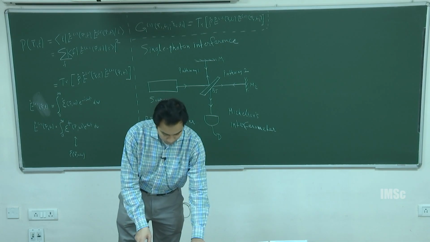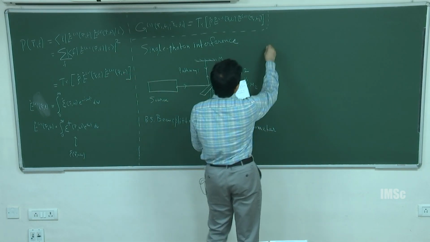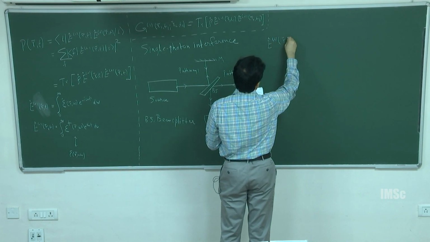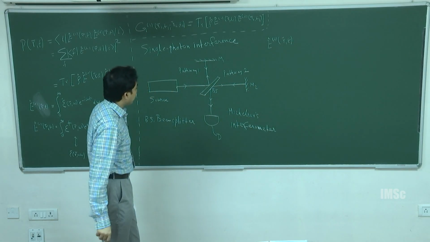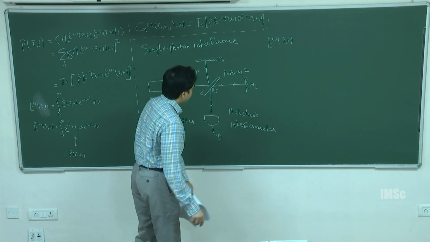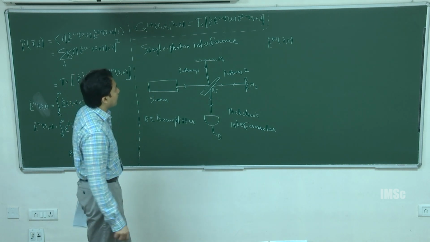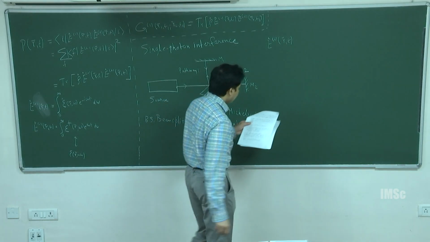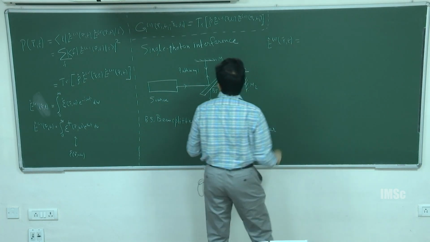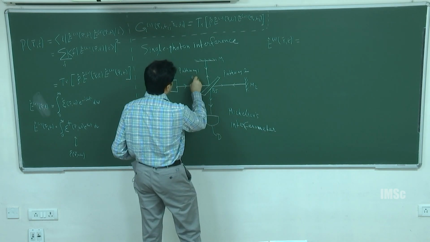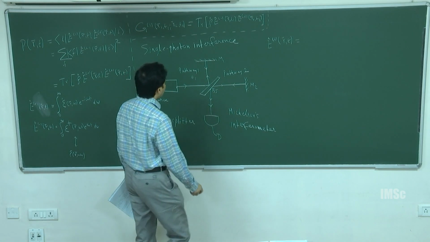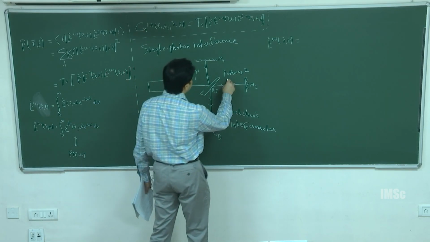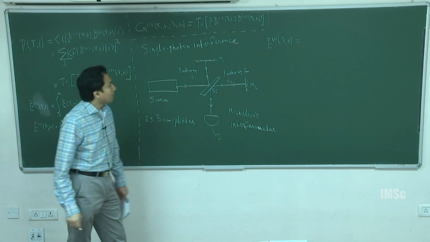So we saw that the photoelectric field at the detector. Let us say the detector is located at the location R, whose coordinate is given by vector R, and you detect the photon at time t. And let us say that the photon takes time t1 to reach the detector through pathway 1 and time t2 to reach the detector through pathway 2.